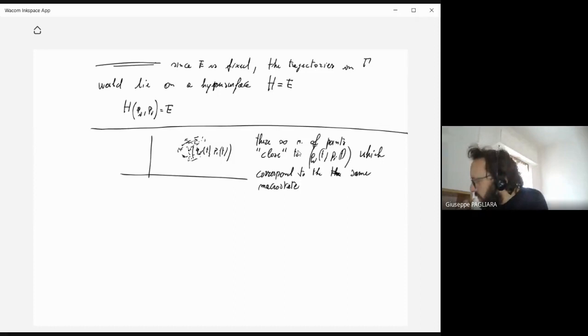And this allows us to introduce a distribution function in phase space, rho, which is a function in principle of all the qi, the pi, and of time.